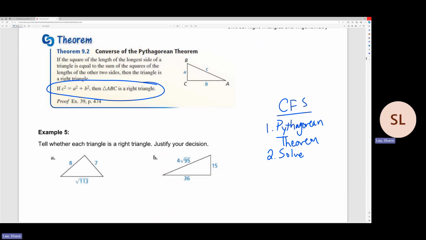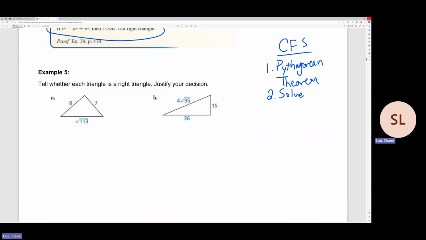So in this example here, example 5, part A, what we have to do first is determine which of our 3 sides is the largest side. I know 8 is larger than 7, but is 8 larger than the square root of 113? We think about the closest perfect square.